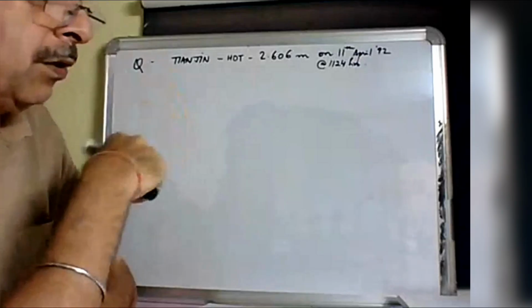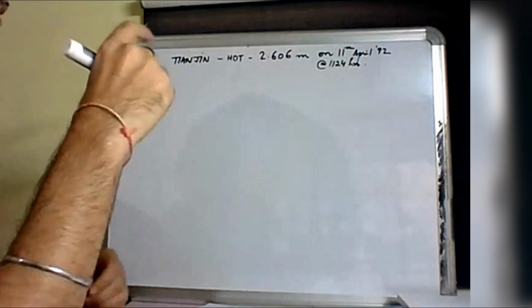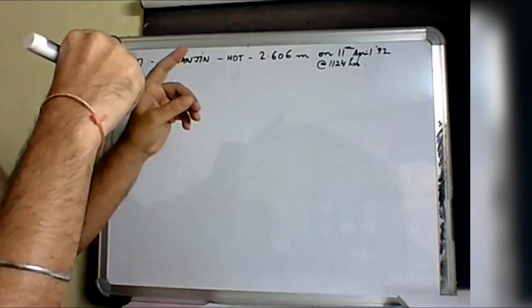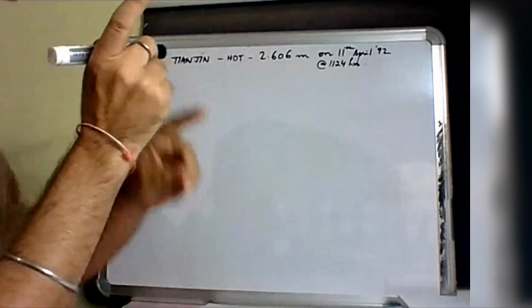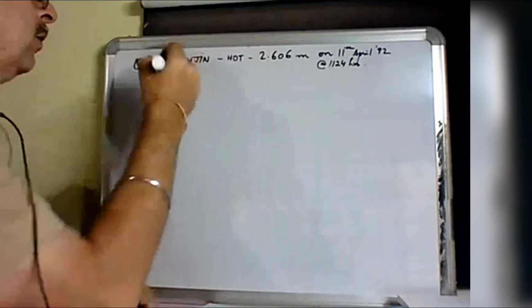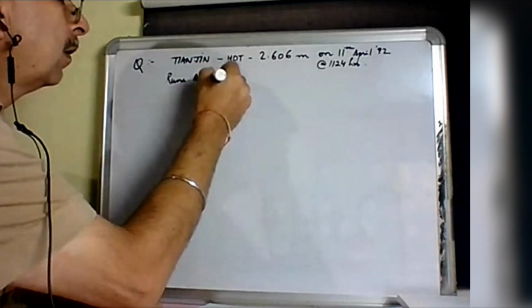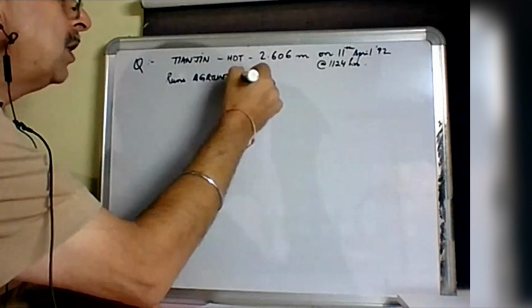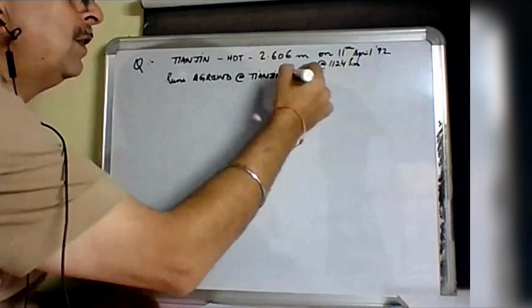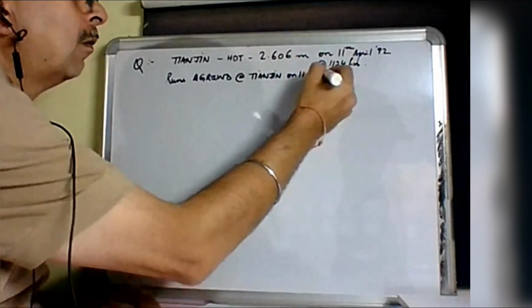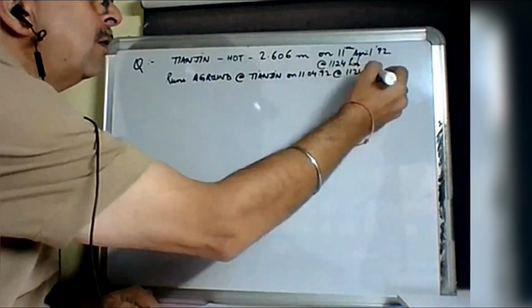Now listen to the question. The question says, your vessel runs aground at Tianjin on 11th April at this time. Your vessel has run aground.